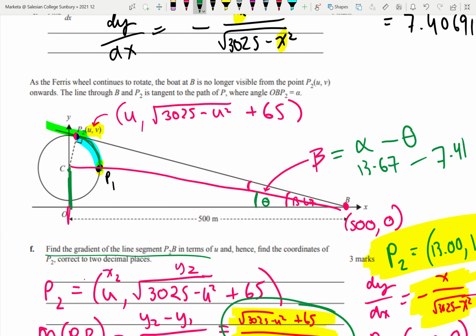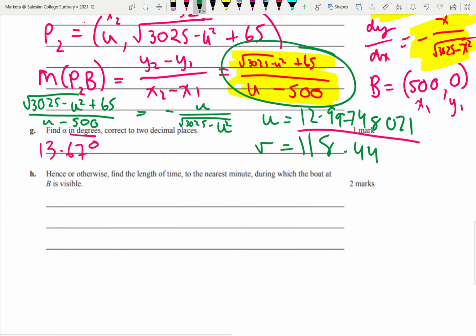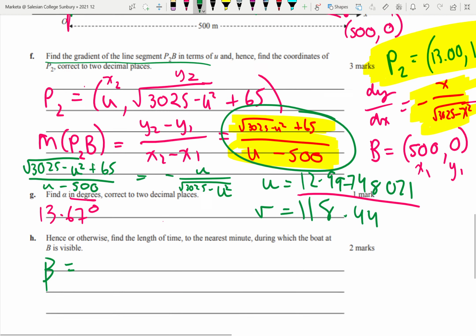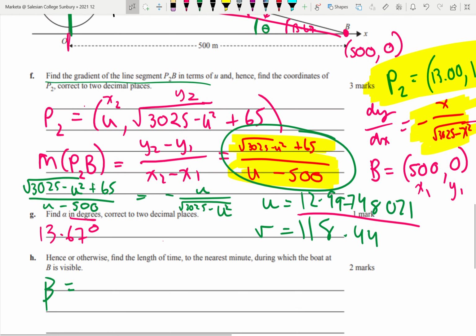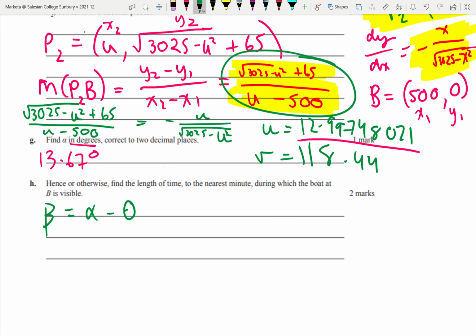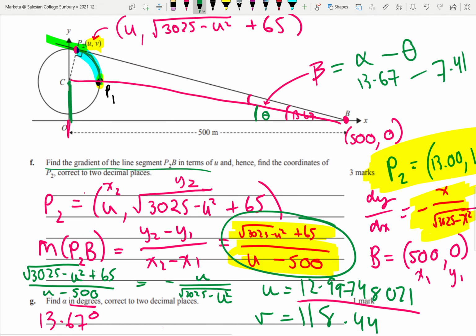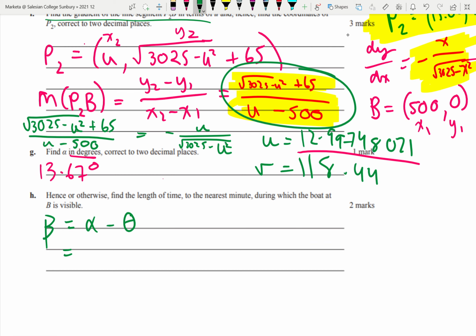So beta equals alpha minus theta, 13.67 minus 7.41.